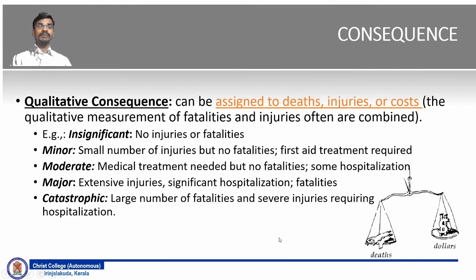The term moderate may be used when medical treatment was needed but still no fatalities, though some hospitalization was necessary. The term major is used when extensive injuries have happened with significant hospitalization and fatalities. The term catastrophic involves a large number of fatalities and severe injuries requiring hospitalization for a large number of people.